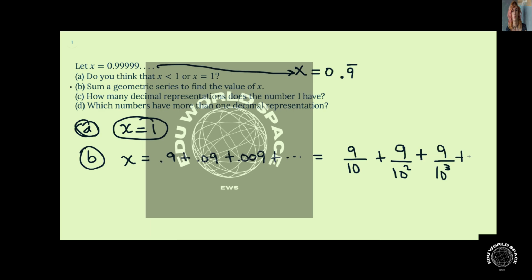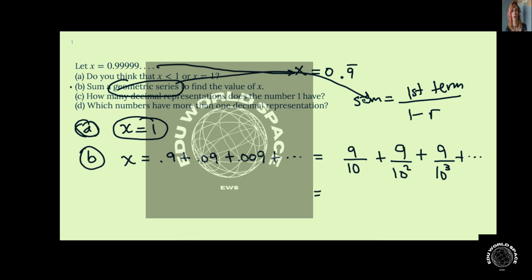And now it's starting to appear that we have a geometric series. And we know the sum of the geometric series equals the first term over 1 minus the common ratio r. This is for a geometric sum. So the first term, we see that's 9 over 10.